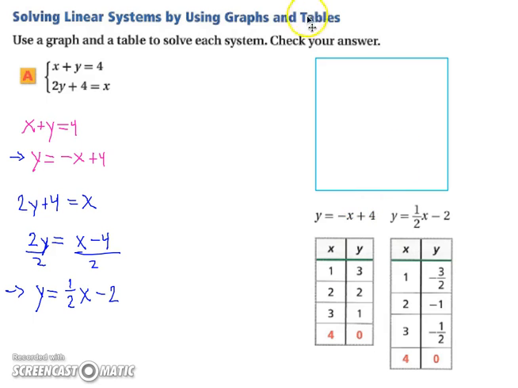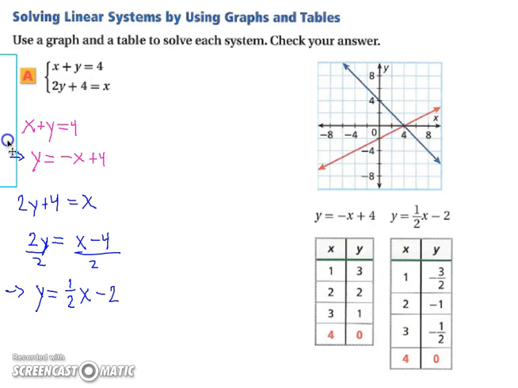Now that you have your table, you can simply plot your points. So plug in your values for each one of these into a graph. And now your solution is where both lines intersect.